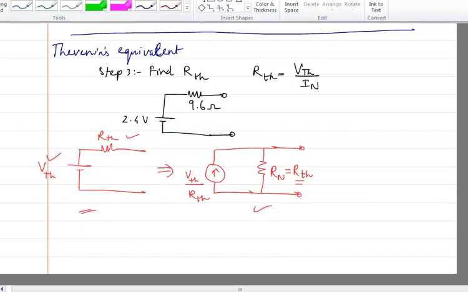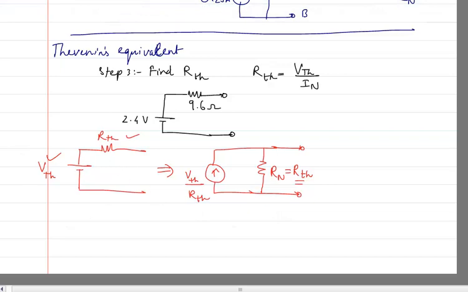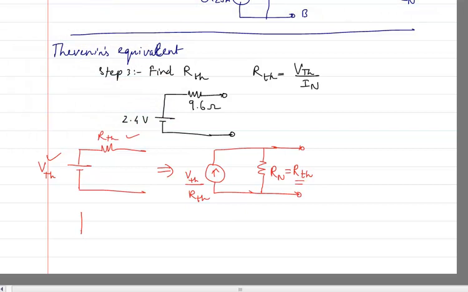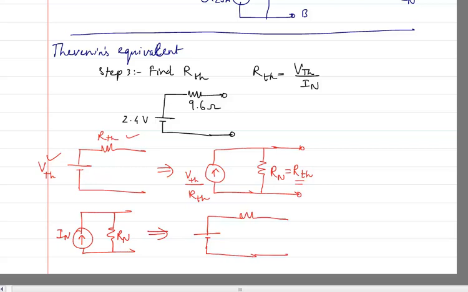Now I can do it vice versa. If I have In and I know Rn, I can always find the Thevenin's equivalent. How? By writing that here the Rth value will be the same as Rn, and Vth, you only know In and Rn, isn't it?